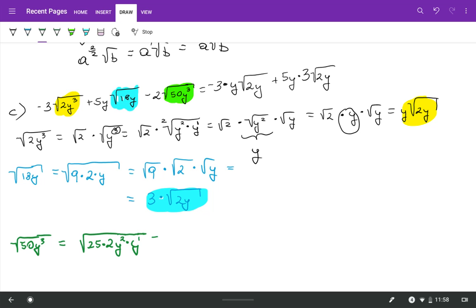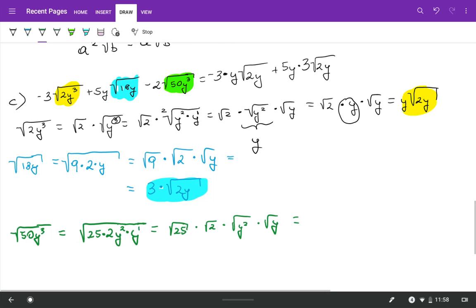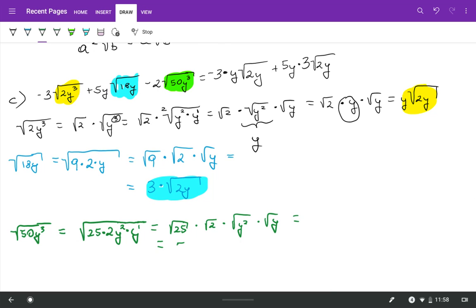So now let's break this down as a square root of 25 times square root of 2 times square root of y squared times square root of y. Now, square root of 25 is 5. Square root of 2, we cannot simplify. Square root of y squared is y, so no radical.